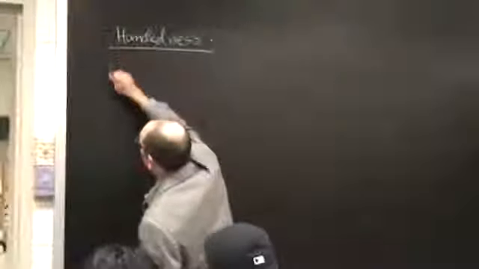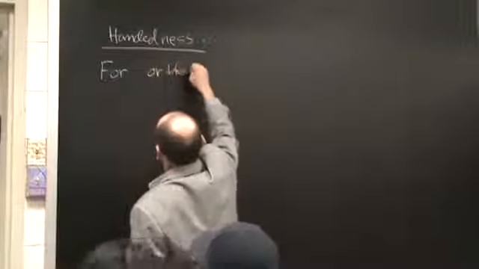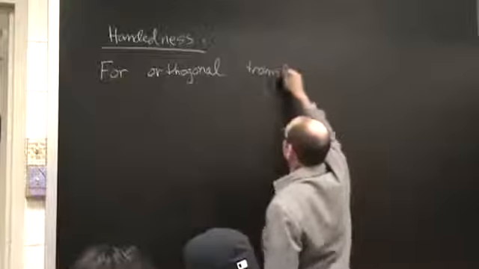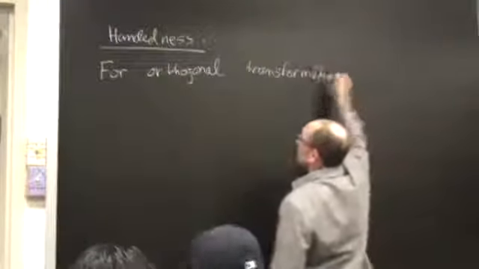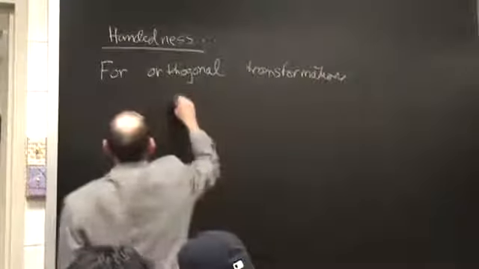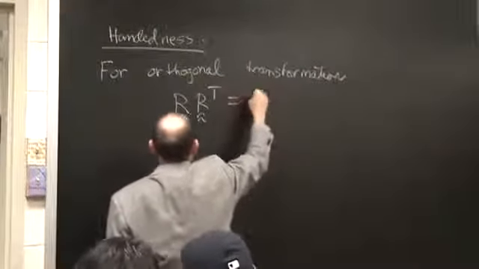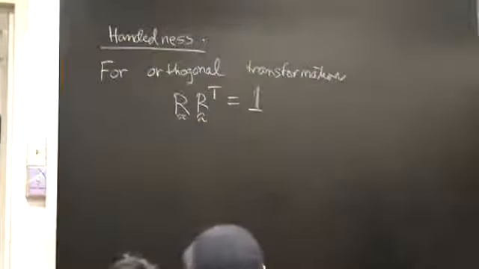So one thing to note here, if I look at what we have for orthogonal transformations, we have that R times R transpose was the identity, right?